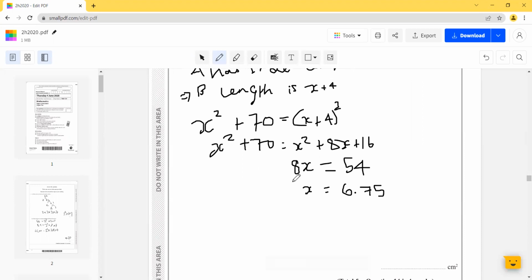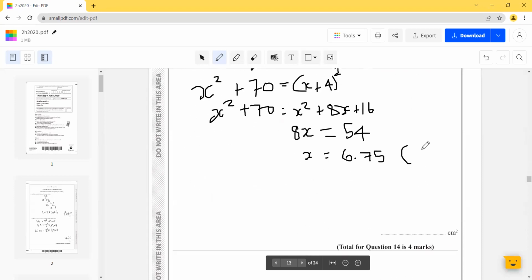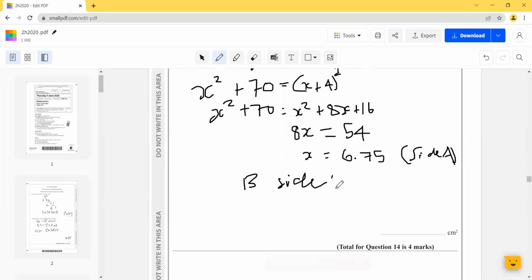Okay, now this is the side length of A. Okay, this is not the answer, which means that B side length is 10.75. So area is 10.75 squared.